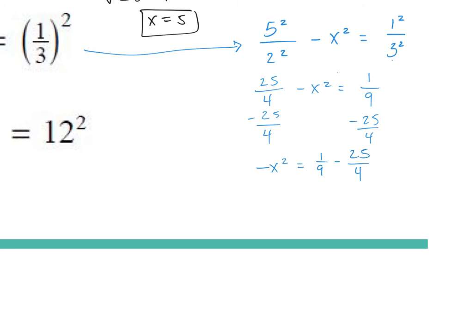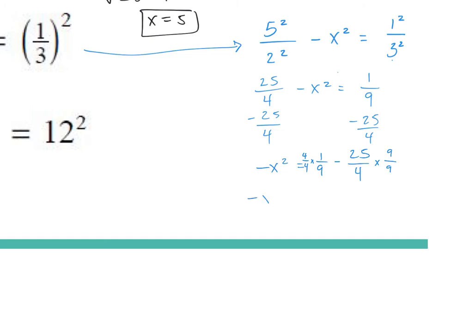Would we have to make a common denominator? Very good. We have to make a common denominator, okay? So in order to make a common denominator, you're just going to multiply each of them by the denominator of the other one. So for example, 1 over 9, you're going to multiply by 4 over 4. 25 over 4, you're going to multiply by 9 over 9, okay? And watch what happens.